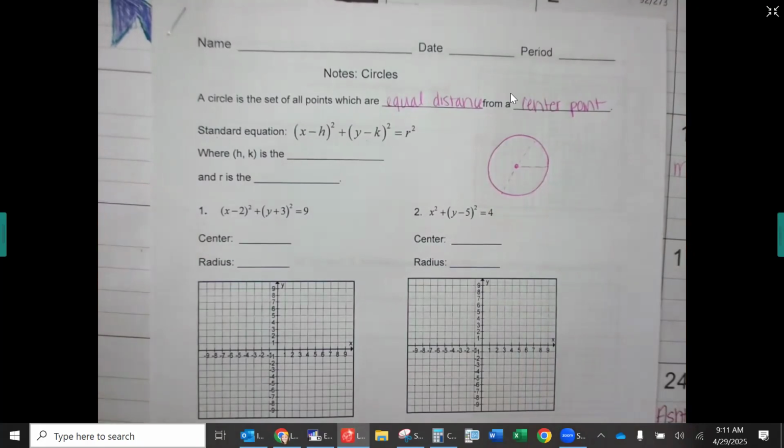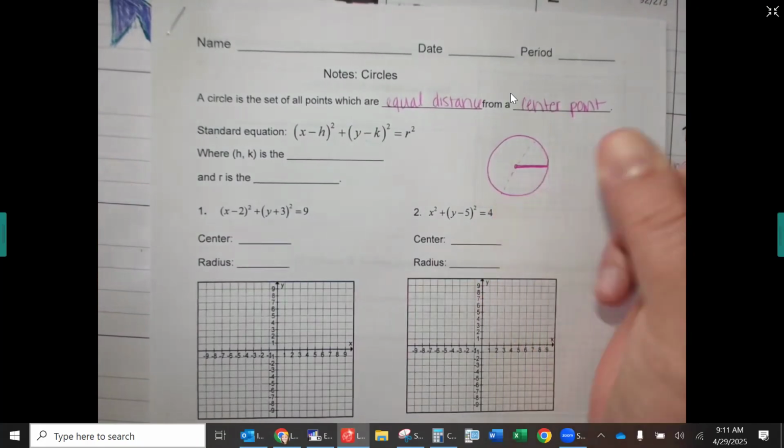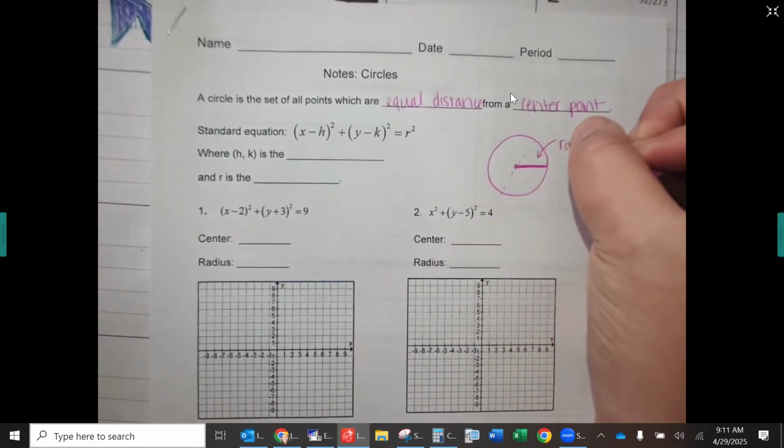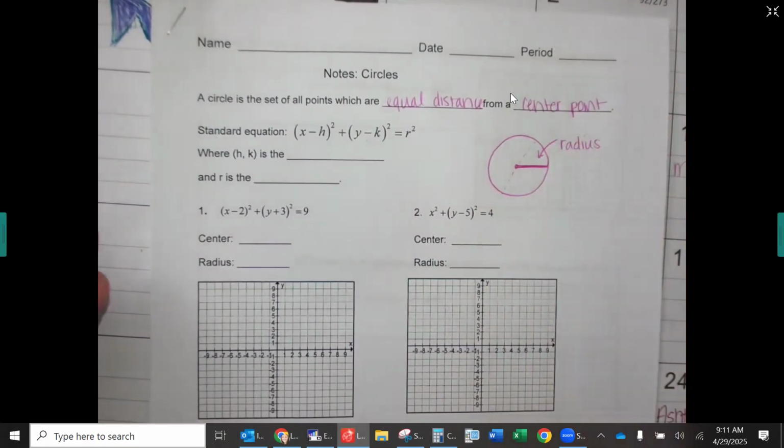No matter where you measure the distance from the middle to the outside, it should always be the same. That distance is called the, do you know? Radius. Very good. No matter where you measure it, the radius is that common distance from the center to the side.